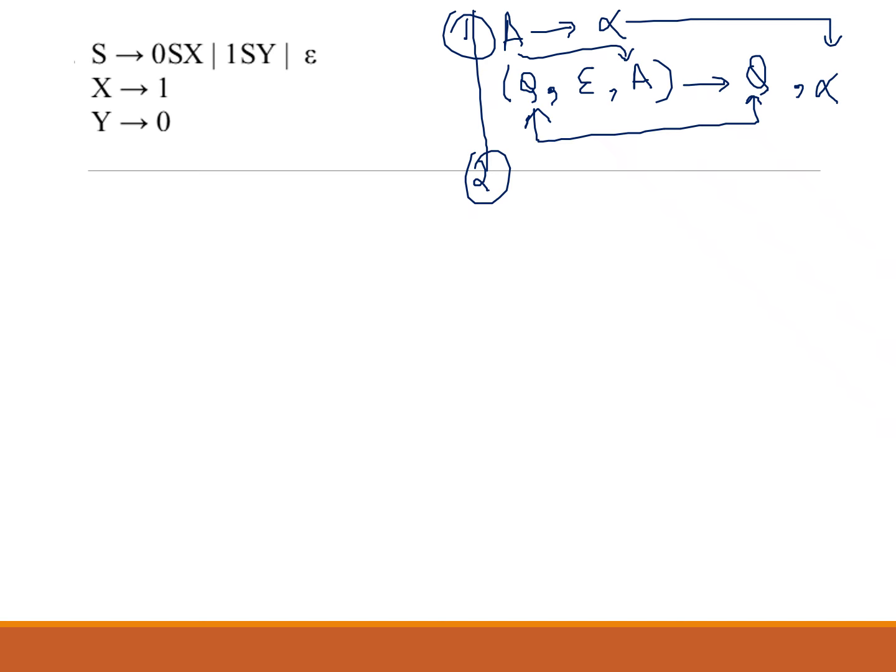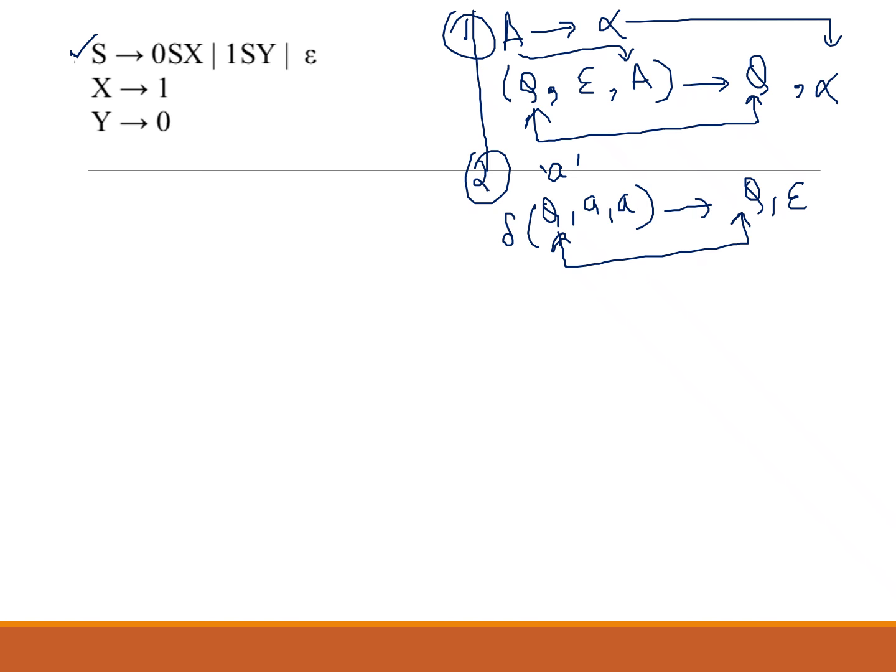And for all the terminals which are there, say for terminal A, the rule will be written as transition of QAA. This gives me Q epsilon. So whatever is the state here will be the same on the right hand side. So let us do it for the first production.